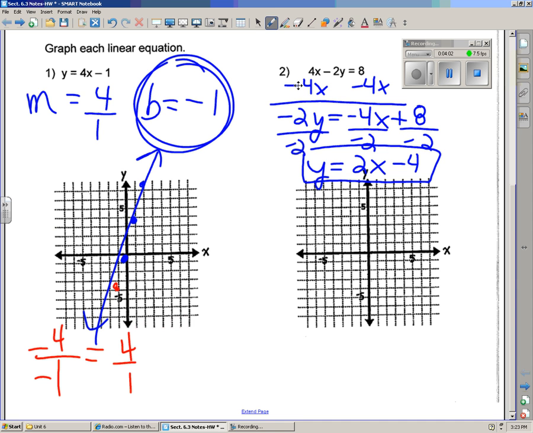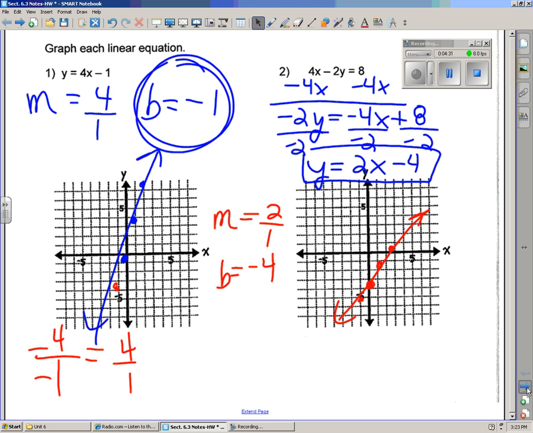You identify the slope is 2. Make it a fraction, put it over 1. Your y-intercept is -4. You begin your graph at -4 on the y-axis. From that point, you go up 2 to the right 1, up 2 to the right 1. The same thing as going up 2 to the right means going down 2 and to the left. Again, my smartboard is not calibrated, so my line looks like it's off.